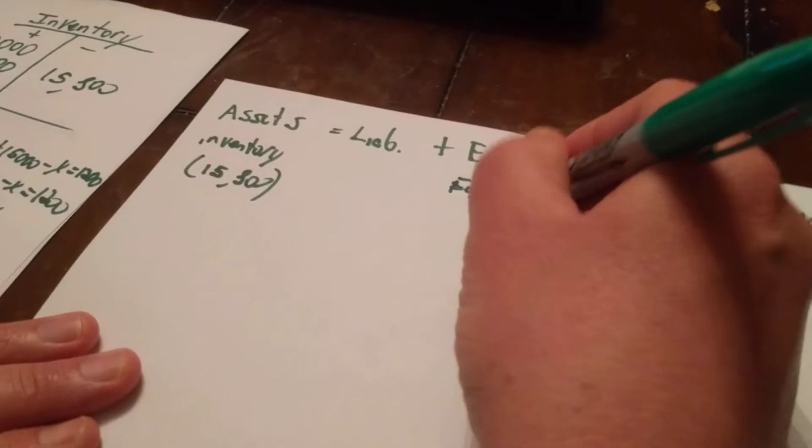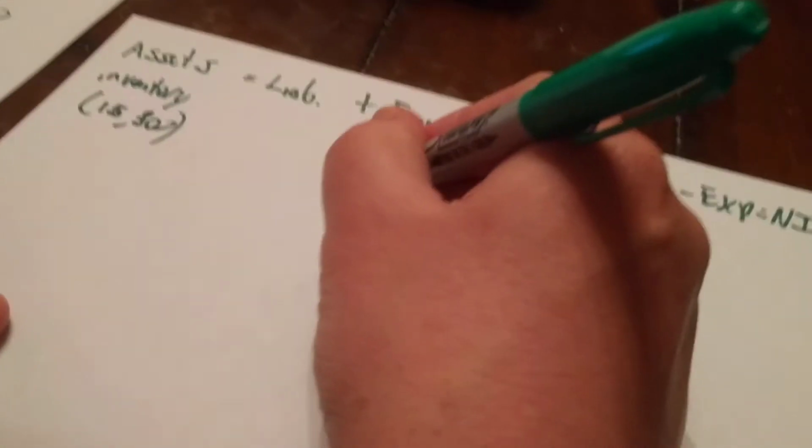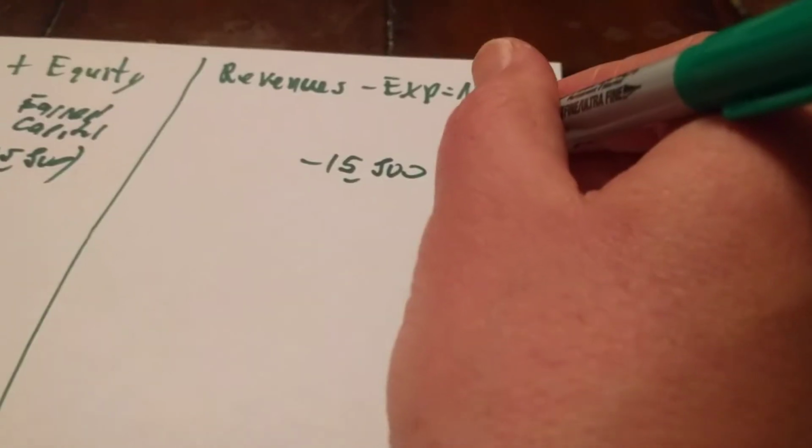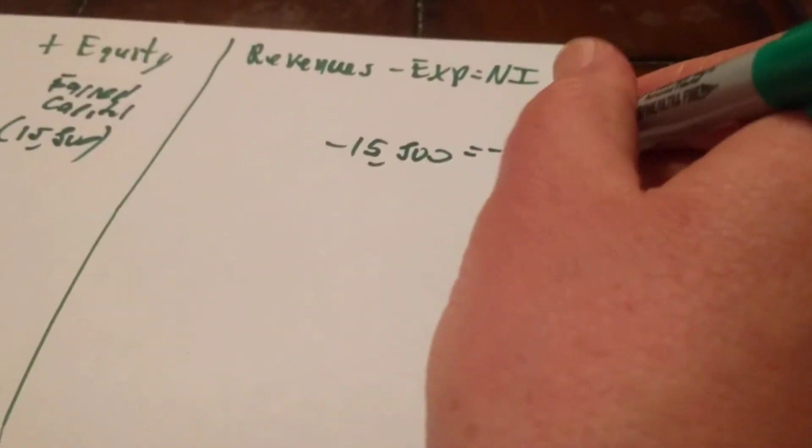Now in here they call it earned capital instead of retained earnings, but earned capital is also going to go down 15,800. And that is going to be an expense, which is a reduction of retained earnings, a reduction of net income.